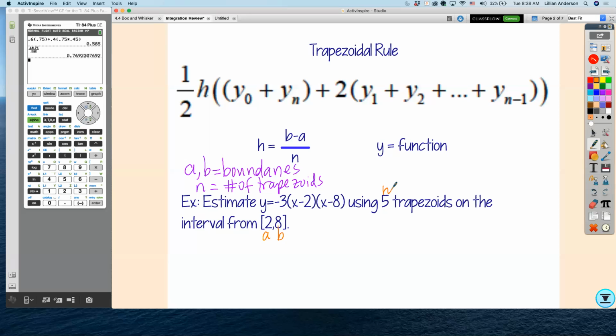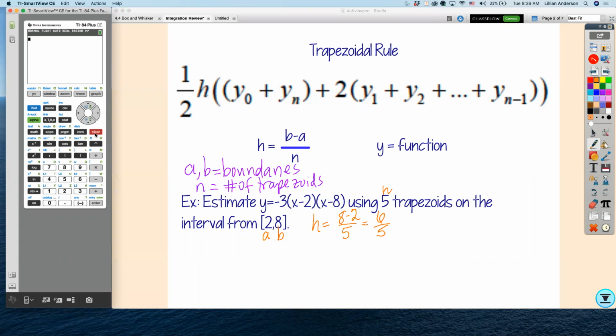So to find H, you would just do 8 minus 2 divided by 5, which is 6 over 5, okay? You needed that because in order to do what you need to do in your calculator to get your Y0, Yn, Y1, Y2, and so on and so forth, you needed that H.